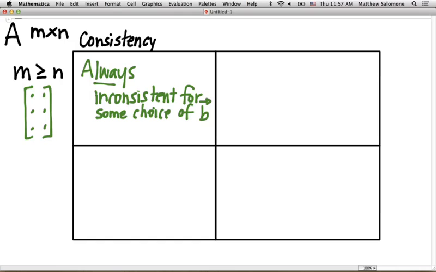All right, but then what about uniqueness of solutions? If a solution exists to a linear system with more rows than columns, can that solution be unique? So let's imagine I have a pivot here, and then maybe I have another pivot right here.